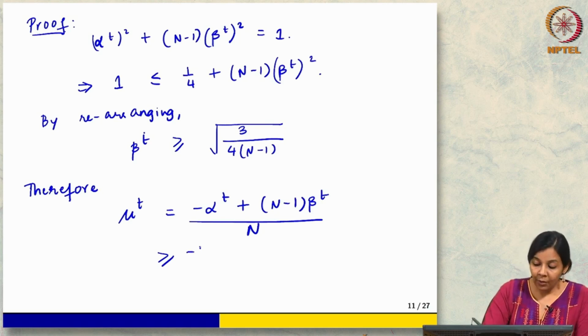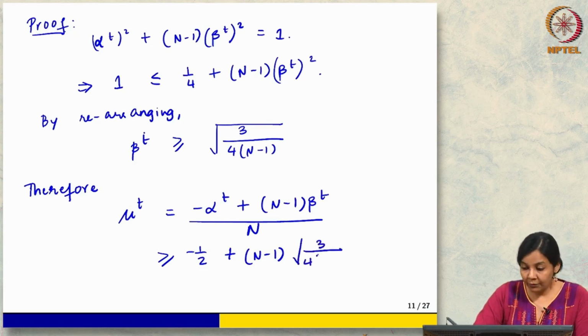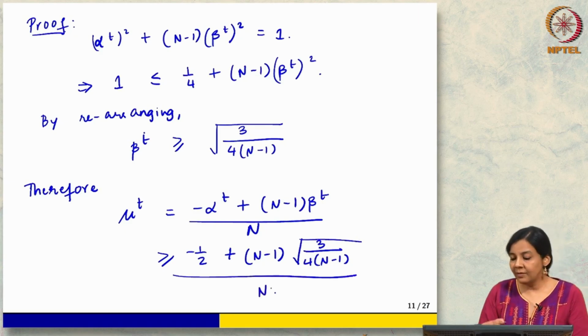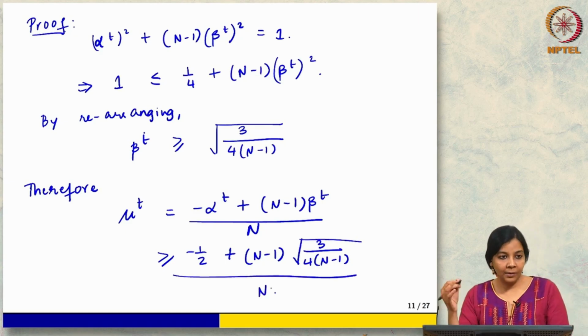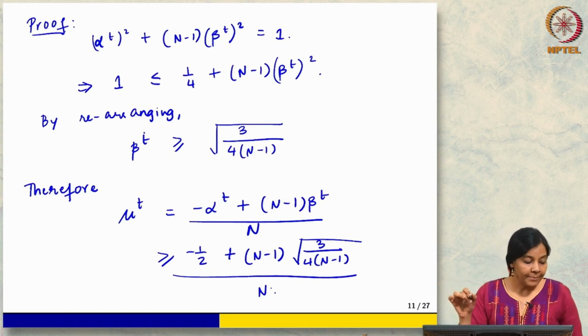So I will get minus half plus n minus 1 square root 3 over 4 n minus 1 over here, the whole over n. So this is just substituting the two bounds that I have.